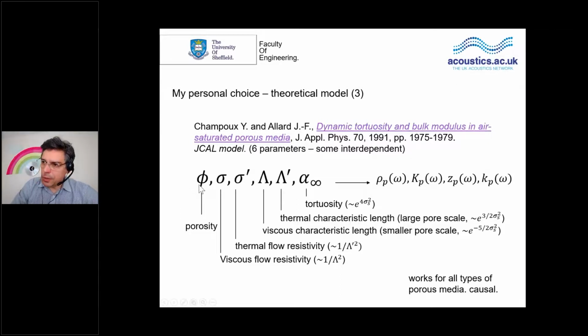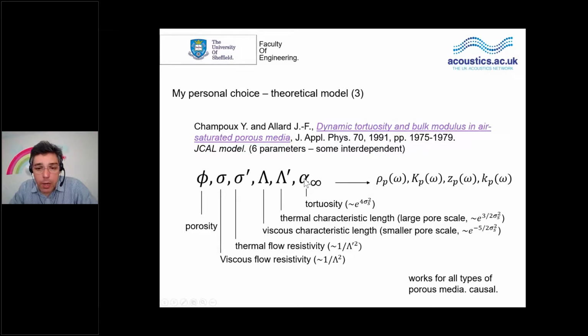But the difficulty with this model is that it requires 6 parameters instead of 3. And some of these parameters are difficult or impossible to measure. The only parameters here which you can actually estimate are the porosity and the viscous flow resistivity.